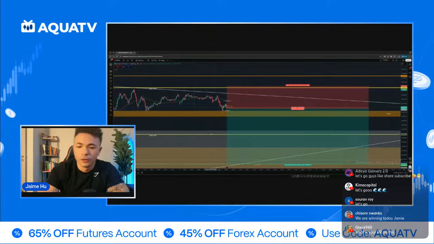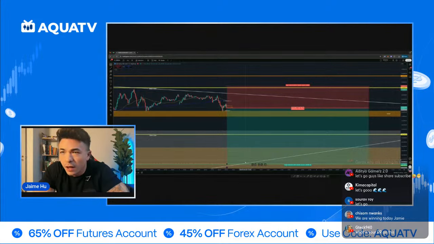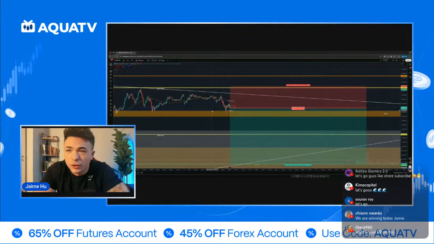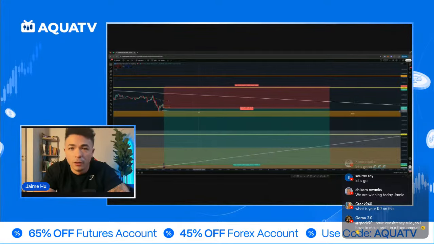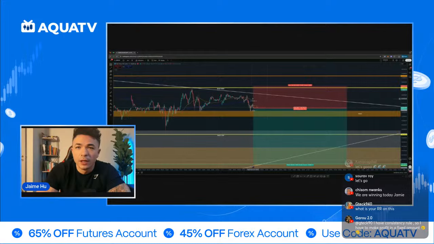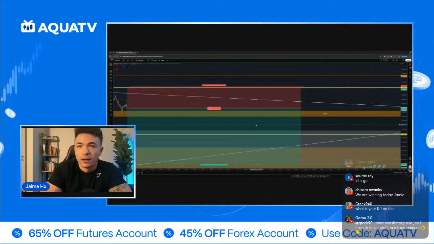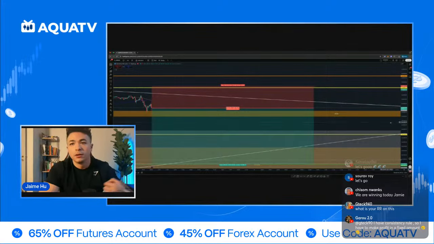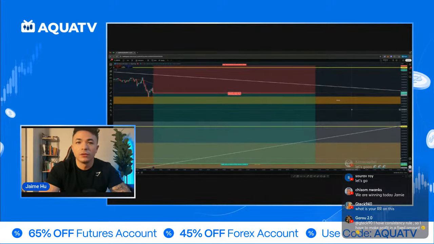All right. So short, what is your RR on this? It's basically a 1 to 2.5. So I'll type it in right now so that you guys can see exactly the trade setup. But there you go. Let me just zoom in.